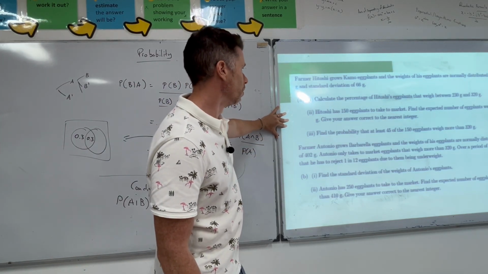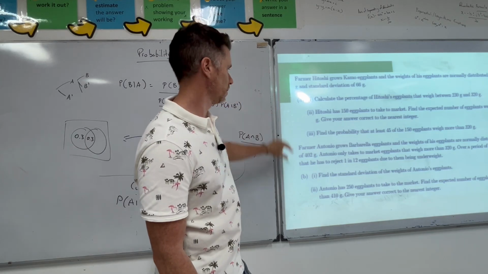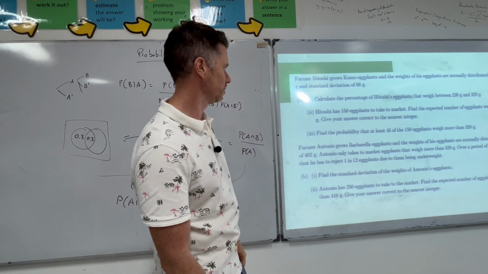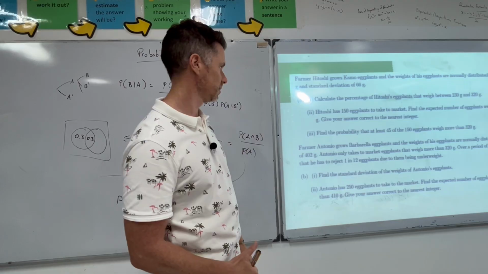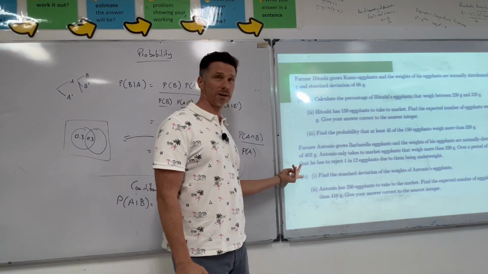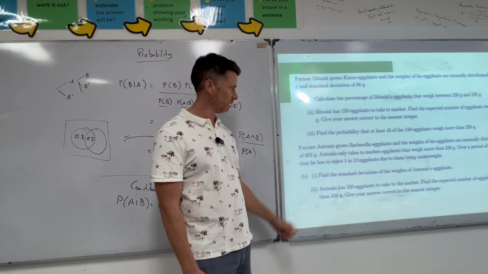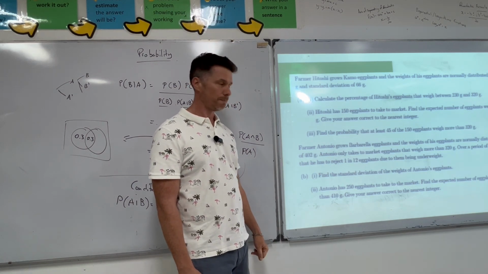Antonio has to reject 1 in 12 eggplants due to them being underweight. So he's given the rejection. Okay, so 1 in 12 is rejected. Find the standard deviation. This strikes me as needing z-scores here, using inverse normal.